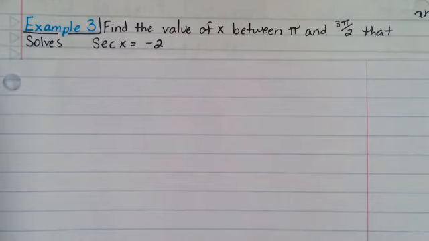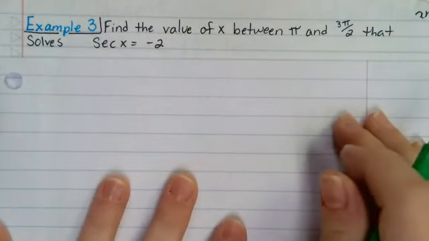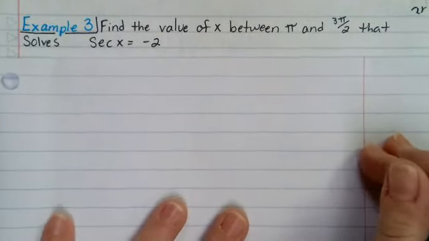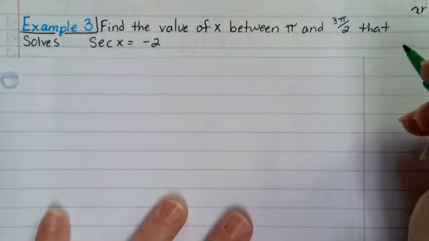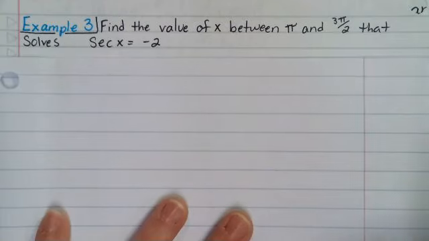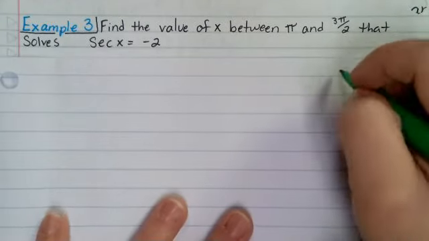Now, let's talk about how this would work, okay? Because there are multiple ways to do this, but one thing that's really, really important, because there are technically infinite answers. So, there's 2 on the unit circle itself, but if you look at coterminal angles, there's infinite answers.